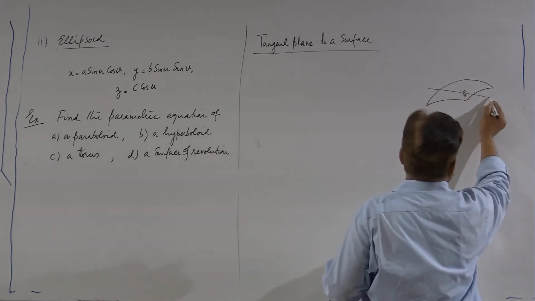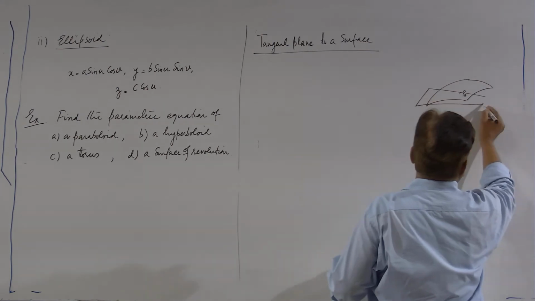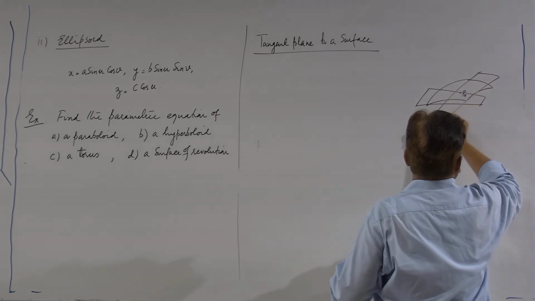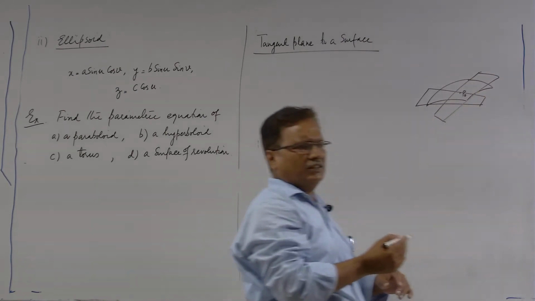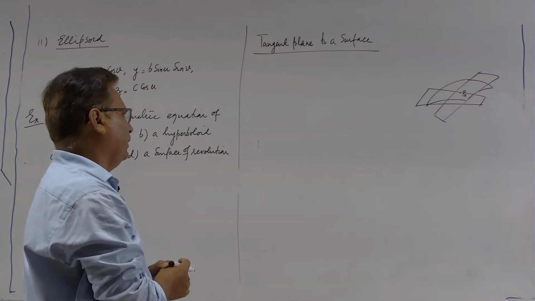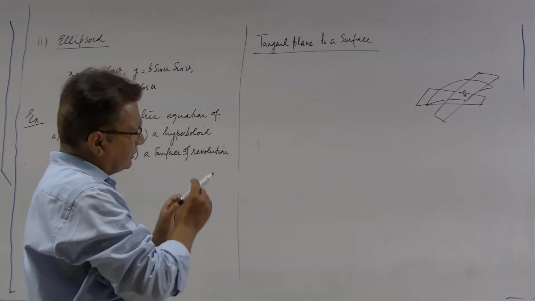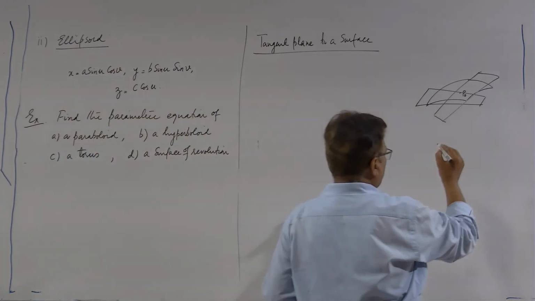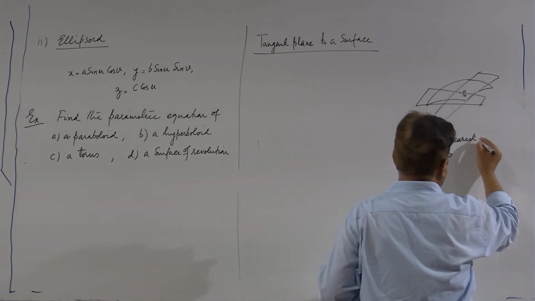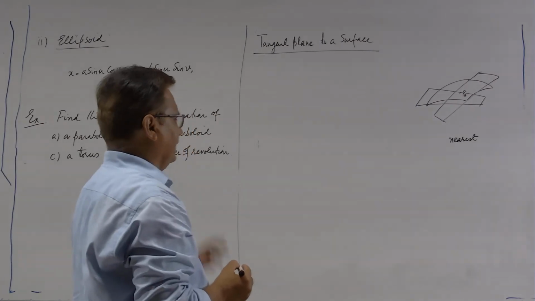I suppose this plane is passing through the point P 0, and there will be various other planes. But we have to see which plane is the nearest to the surface. Nearest, I am using a term nearest.